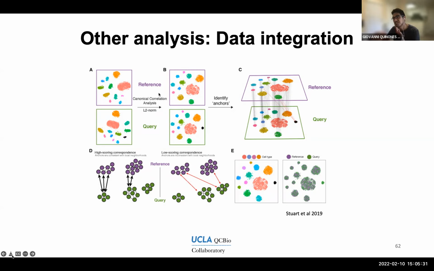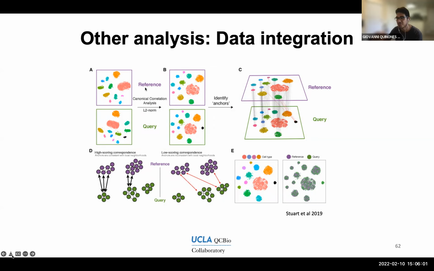And this is also an active area of research, because there is also a method in Seurat that performs data integration. So we're just going to go over the basics and the motivation, and I can show you the Seurat command to do this. So the idea is that you start with a reference and a query data set.